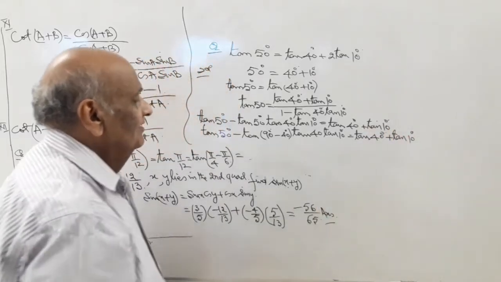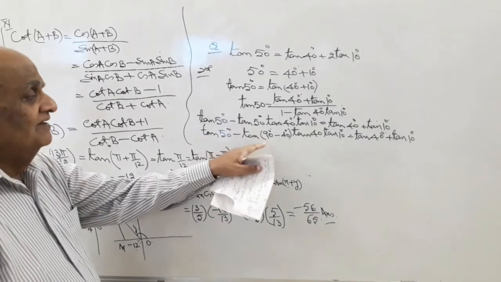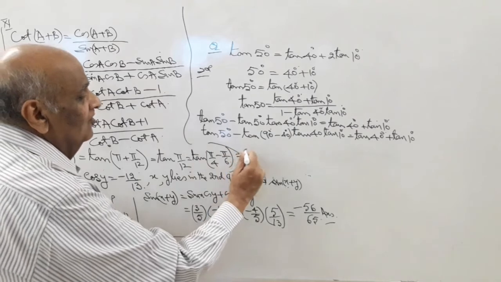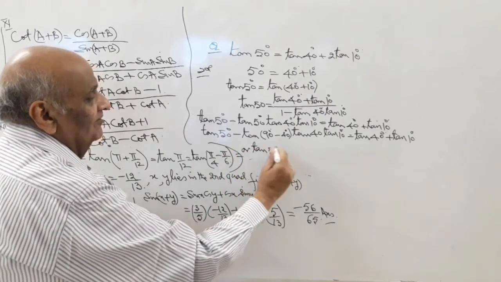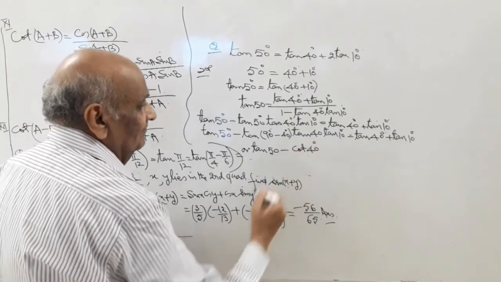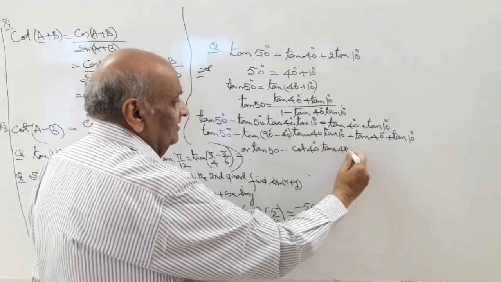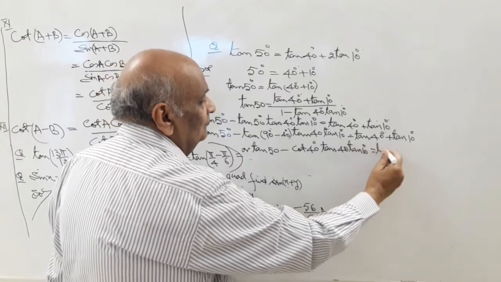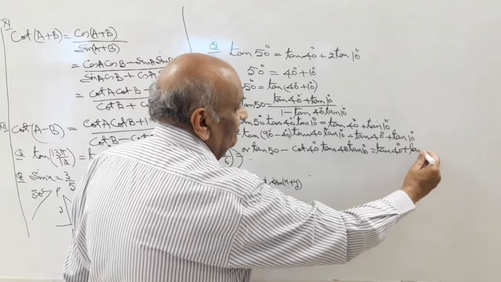I have just applied a step here: instead of 50 degrees, I say 90 minus 40. So tangent of 50 minus cotangent of 40 times tangent of 40 times tangent of 10 is equal to tangent of 40 plus tangent of 10.